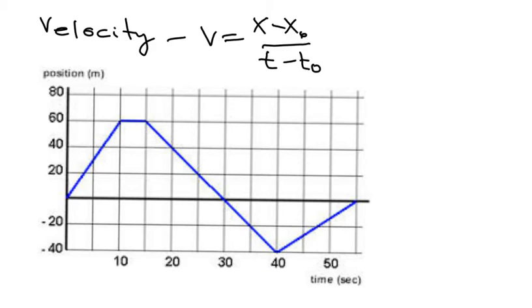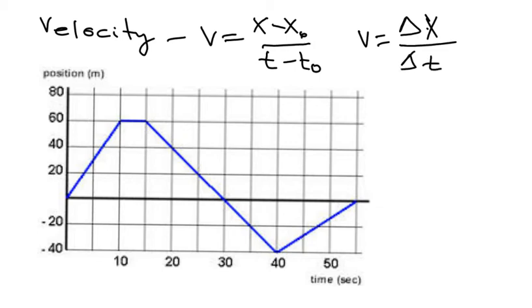You might have seen this symbol in chemistry, but whenever we're saying final minus initial, we can draw a triangle, and it just means change. So I have delta x divided by delta t.